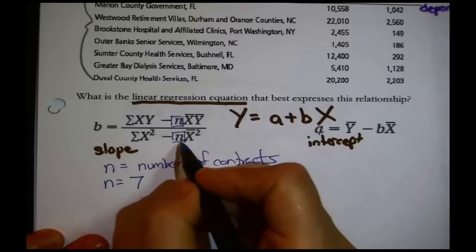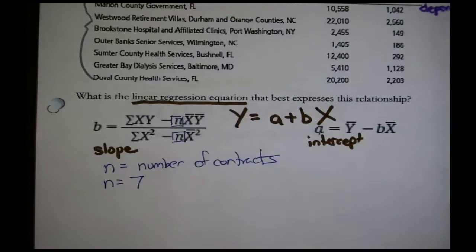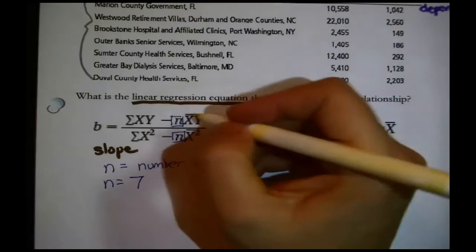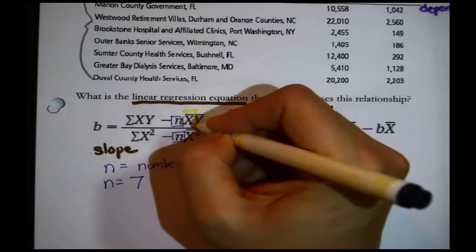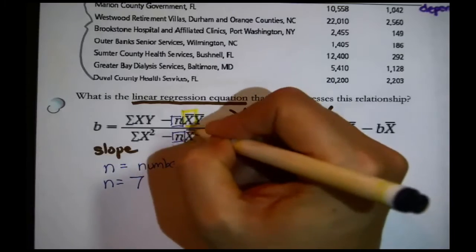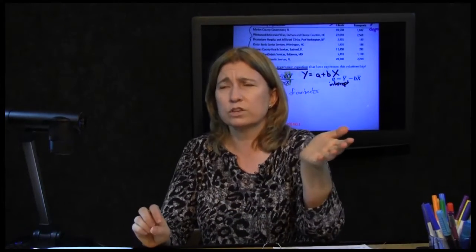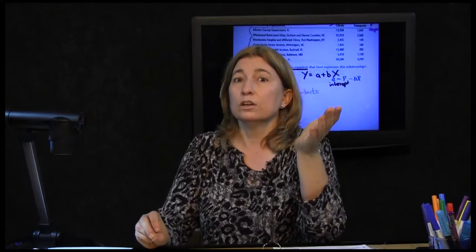Okay, we have that. Now, let me get a contrasting color here. We need X bar. See that? You use it here and you use it here. That's super easy to find. X bar is just the average X. And what's X? X is the number of clients. So what's X bar?